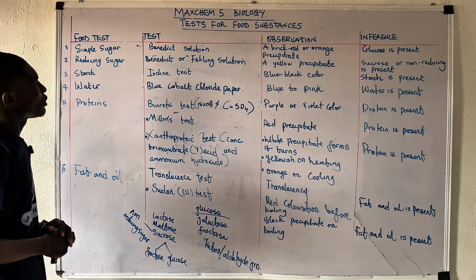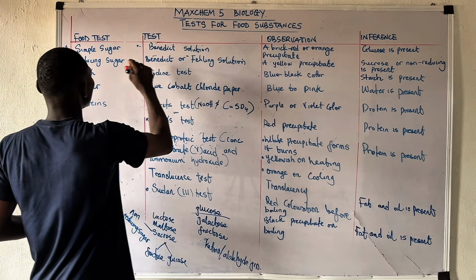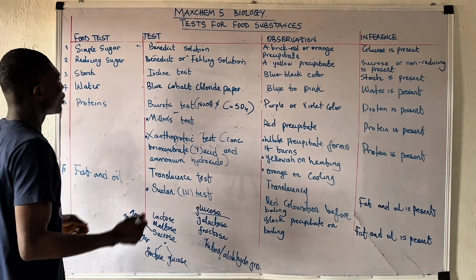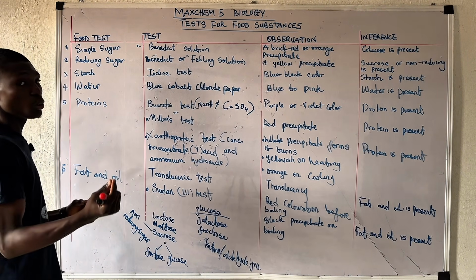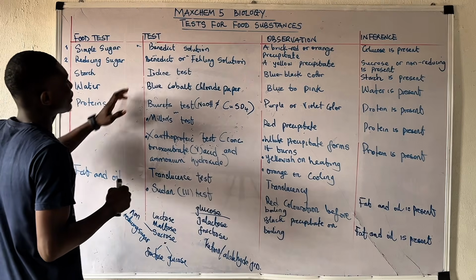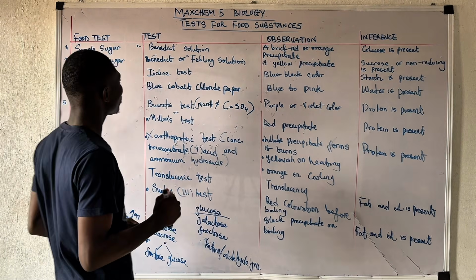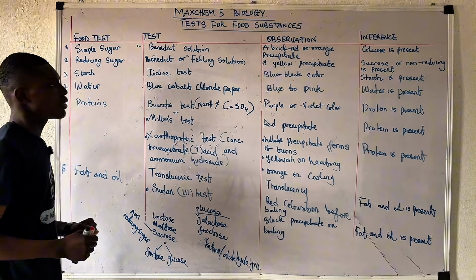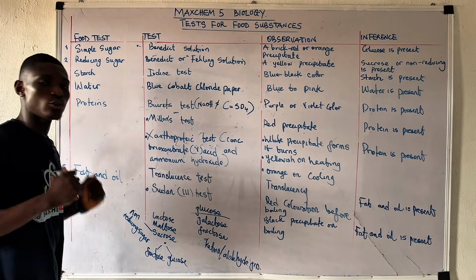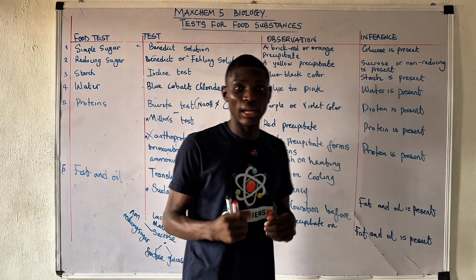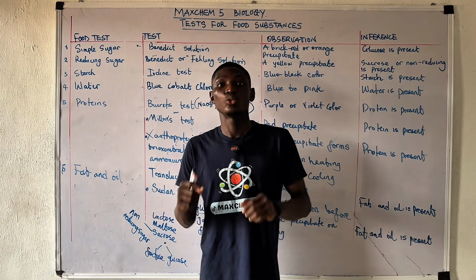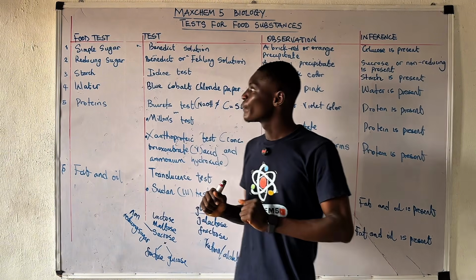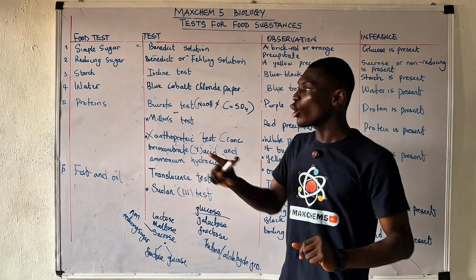Let's take sucrose. You add a quantity of sucrose solution in a test tube, add Benedict or Fehling solution, add HCl. The essence of adding hydrochloric acid is to hydrolyze the sugar, that is to break it down into simpler units. So on hydrolysis, you boil.